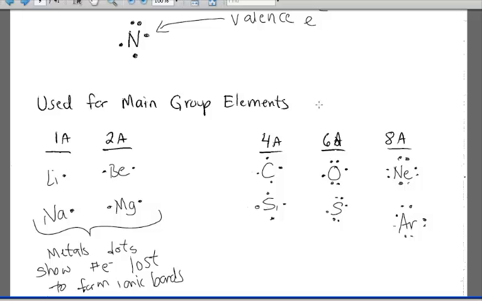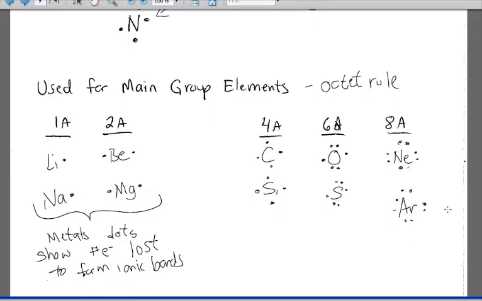Okay, and the reason that we only use them for main group elements, you might guess, is because they follow the octet rule, which I'm going to tell you now.